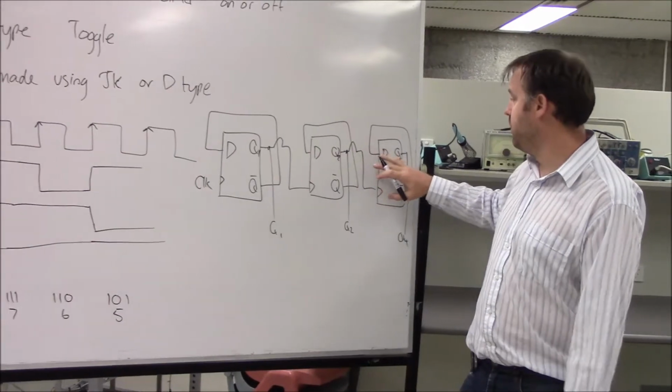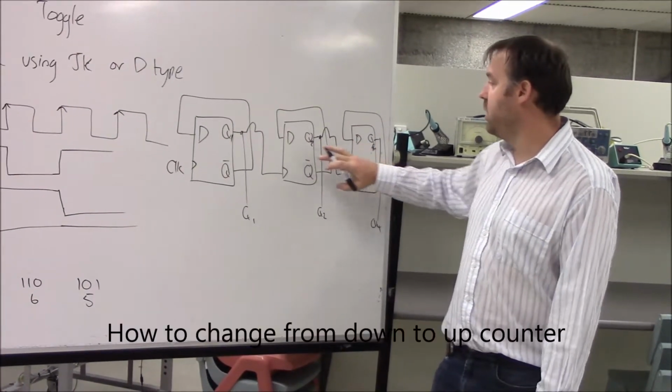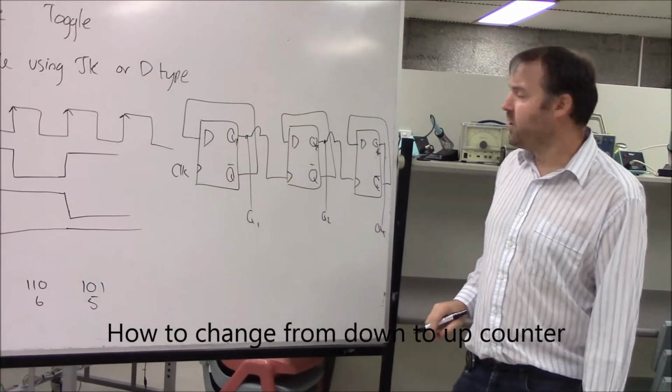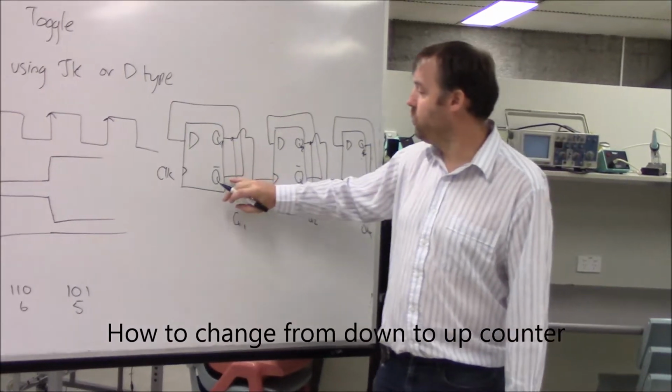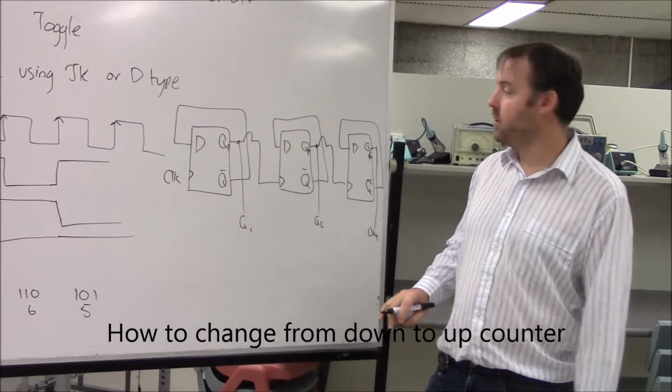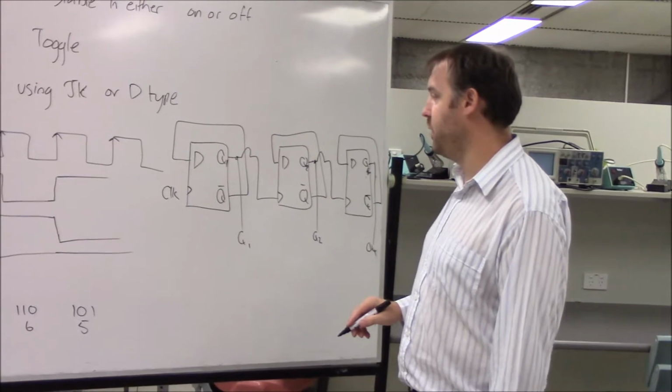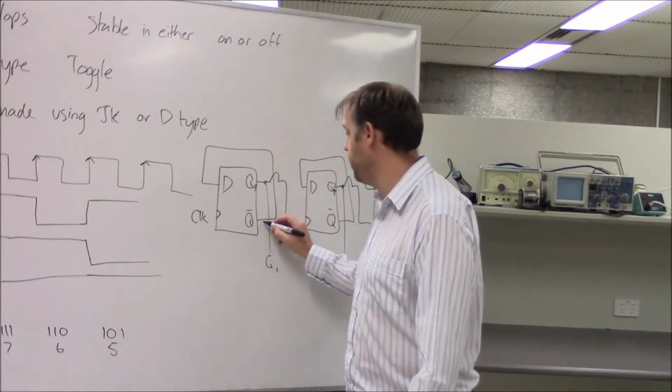So my normal outputs being the output. I don't have to have that though. I could have Q bar as being my output. So let's have a look and see what would happen if I had Q bar as being the output.